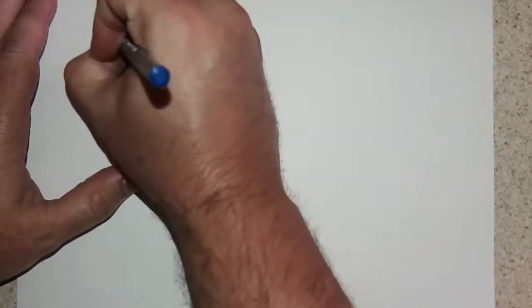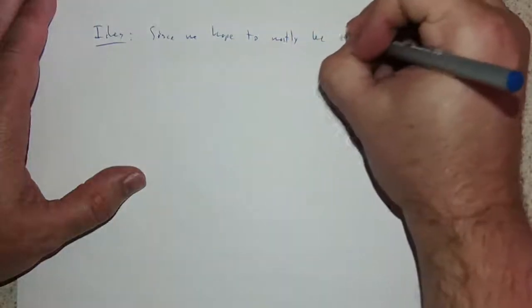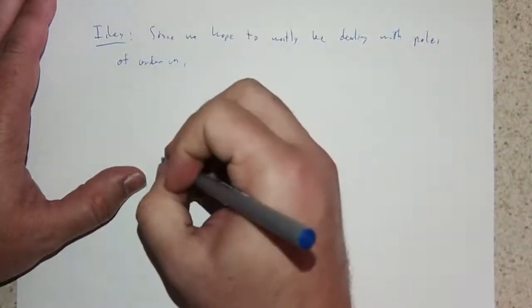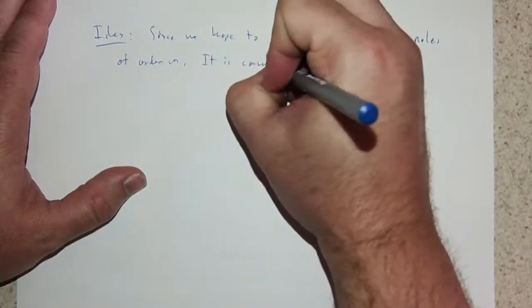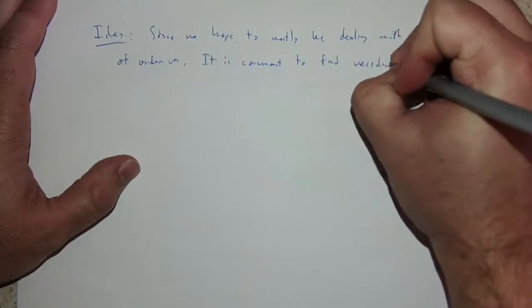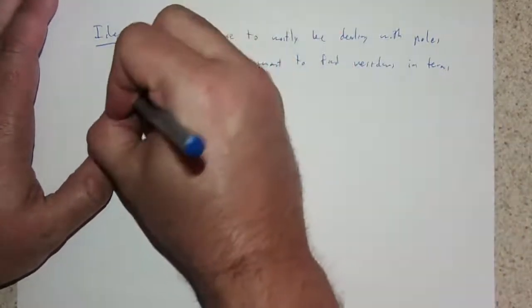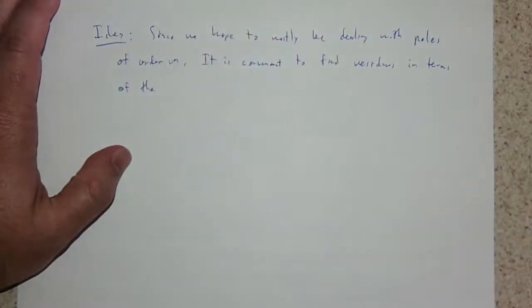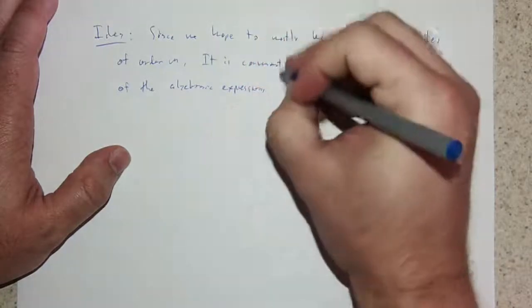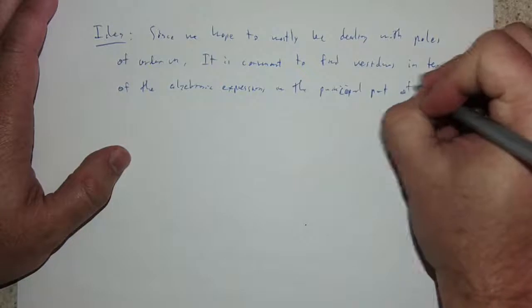So the idea is, since we hope to mostly be dealing with poles of order m, it is convenient to find residues in terms of the algebraic expression showing up in the principal part of f of z.